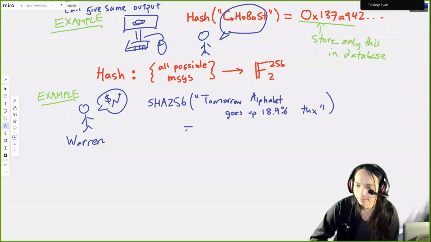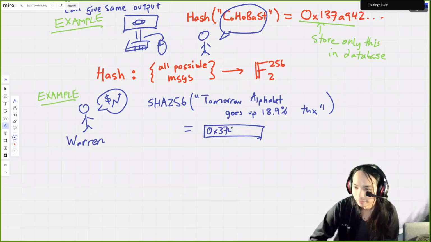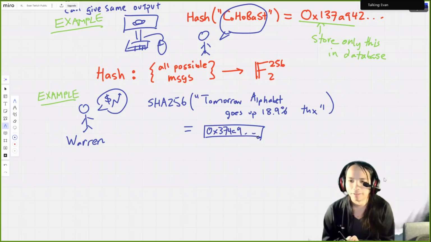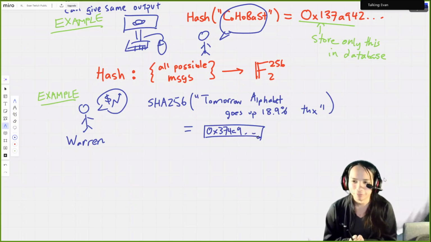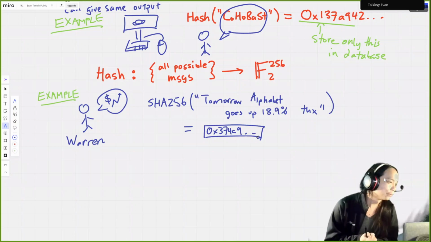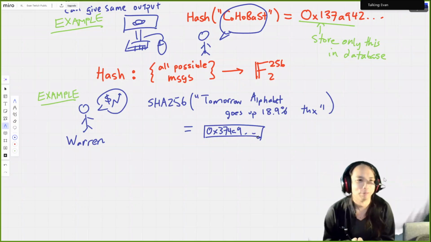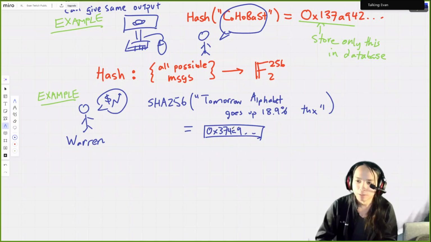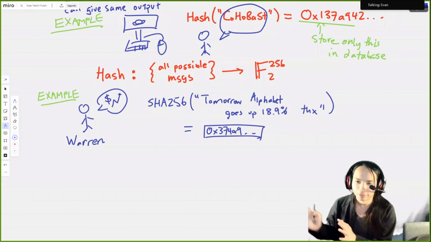And he publishes this hash somewhere on the internet, wherever he wants, which is, again, a hidden string. When you just see this hash, you don't know anything. And then the next day, after Alphabet goes up 18.9%, which I don't think it will, that would be really incredible, but if it really happened, then Warren reveals the preimage to the hash, and it proves that he made this prediction before the stock actually went up.